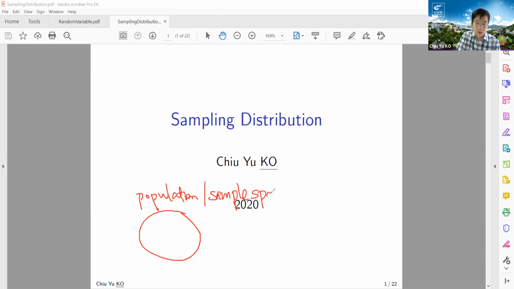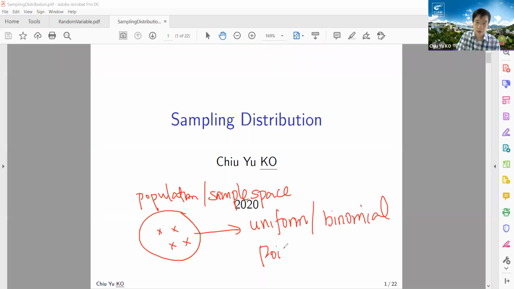And what we learned is, if the sample space satisfies certain properties, then the random variable generated by it might follow a uniform, binomial, Poisson, exponential, or normal, all those kinds of things.